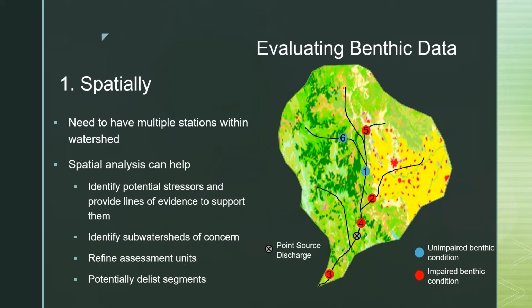If we've got more Benthic stations scattered throughout the watershed, some of them are probably going to be unimpaired. And so maybe we can shorten impaired segments and reduce our number of impaired stream miles in Virginia, basically just by having more stations within the watershed and being able to differentiate better what's impaired and what's not impaired.